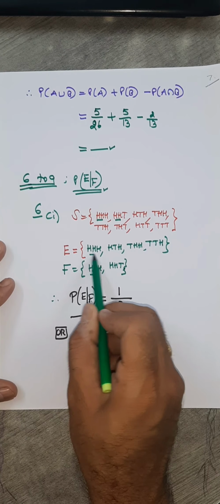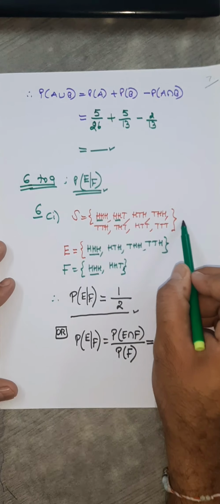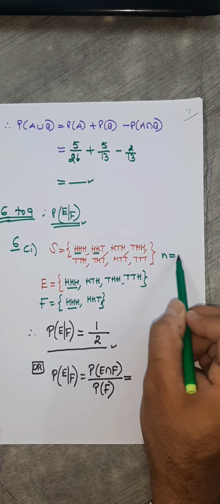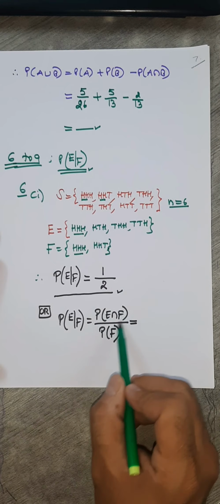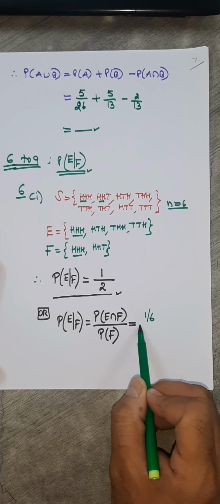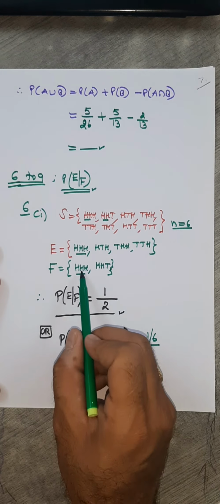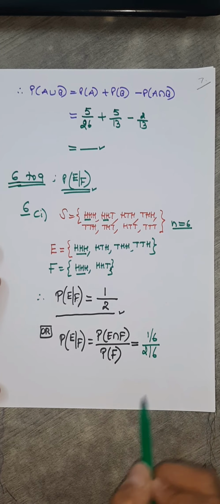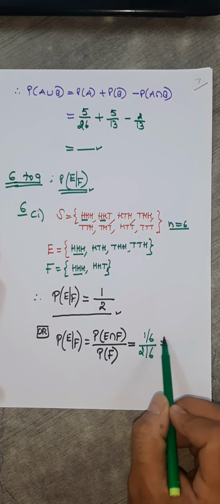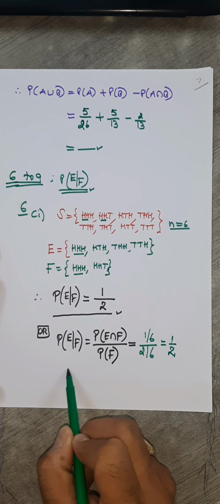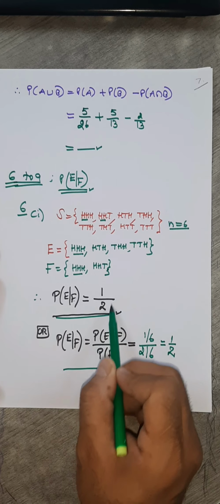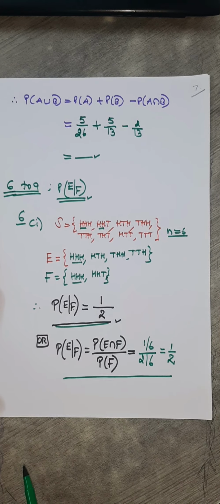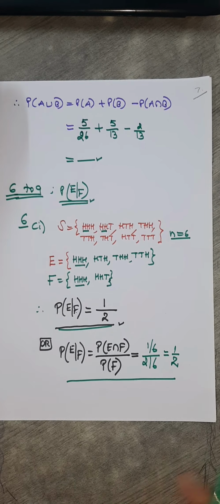There is only one element common. The main sample space has how many outcomes? 6 outcomes. So what's the probability of this? 1/6 upon F. F has how many outcomes? 2 outcomes. The main sample space has 6 outcomes. So we have 1/2. This is another way. You can write directly like this or like that, whichever way you like. I hope this is clear to you.